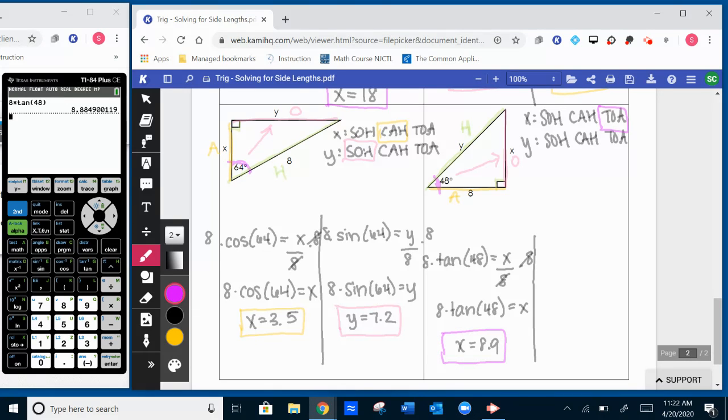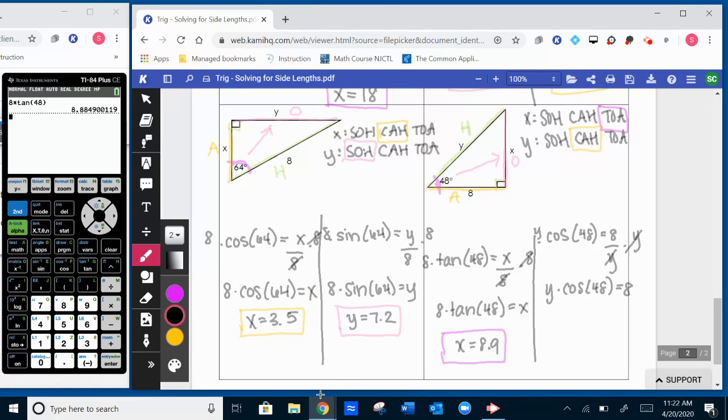And then lastly, we are going to be using adjacent over hypotenuse for this one. So now we're using cosine. So the cosine of 48 degrees equals adjacent over hypotenuse. So that's 8 over y. Again, we don't want variables in the denominator. So now I have y times the cosine of 48 equals 8.